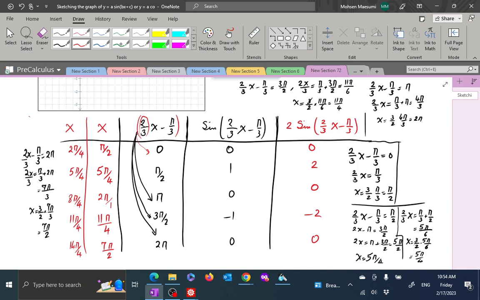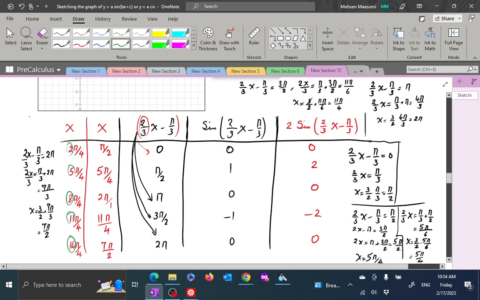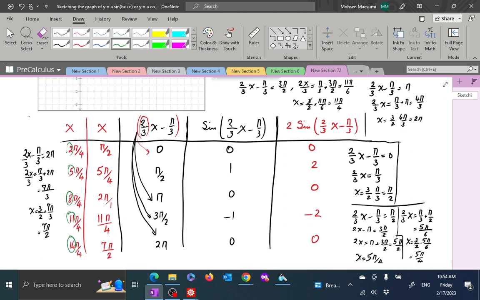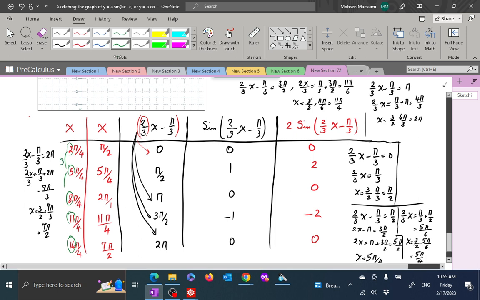Now, how are my numbers? Do they make sense? 2, 5, 8, 11, 14. Do you see the pattern? You see how much do they move by? How many blocks? So pi fourth is going to be our basis block, and then we are going to move by 3 blocks every time we move over. 3 blocks to move over.